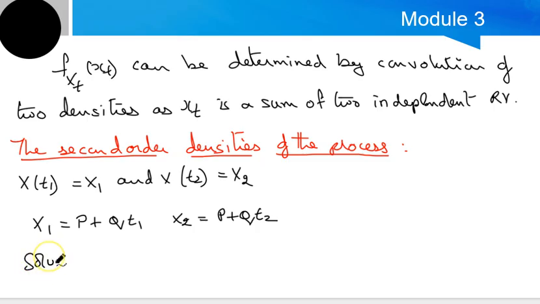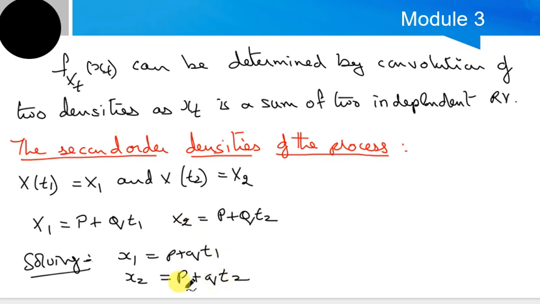Solving, we have x1 is p plus q t1, x2 equal to p plus q t2. Subtract one from the other, I will have x1 minus x2 equal to q into t1 minus t2.